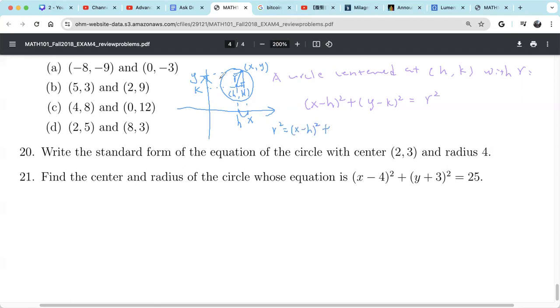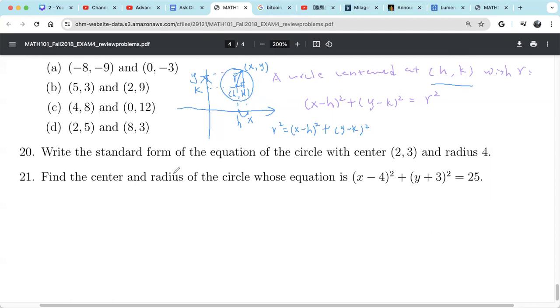And plus the height. The height is y minus k, then we square. So Pythagorean theorem, right? But we don't use x1, y1, x2, y2. We use h comma k to represent the center of the circle, and x comma y is the ending point on the circle.